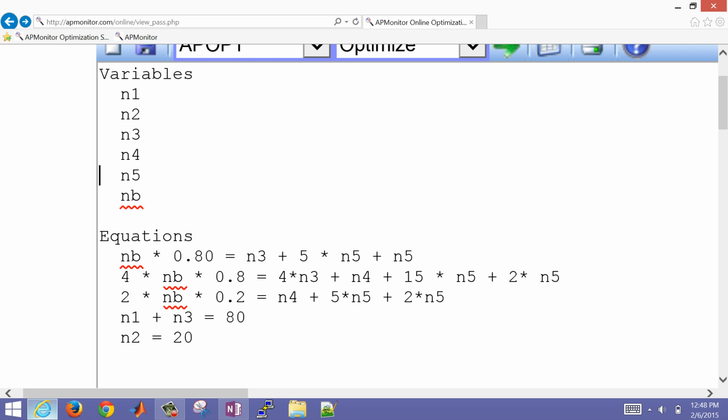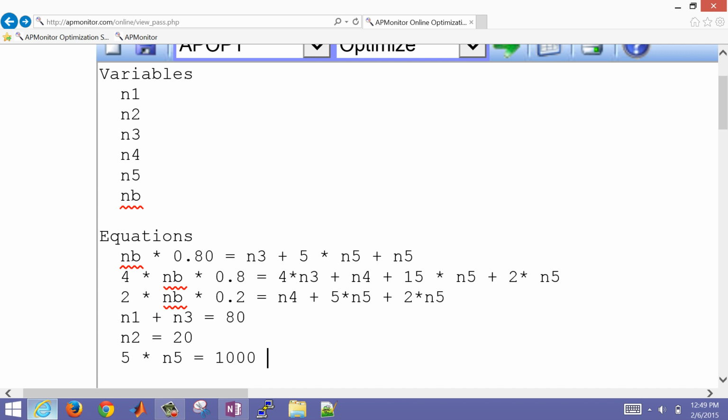And now N5, we want that to be, let me just make a new equation now. So 5 times N5 has got to be 1,000 kilograms per hour. But we need to put this in terms of moles, because N5 is in terms of moles.